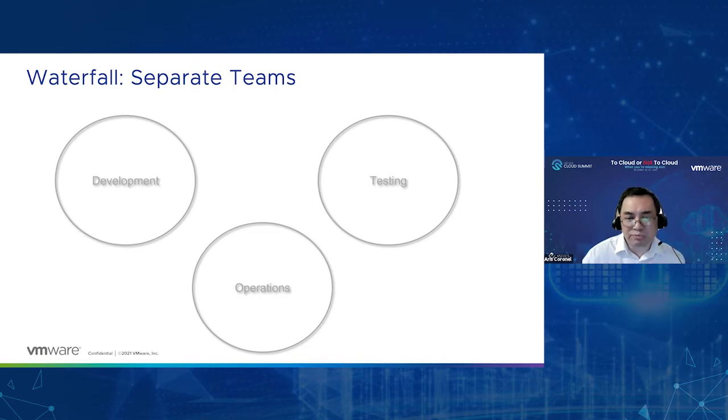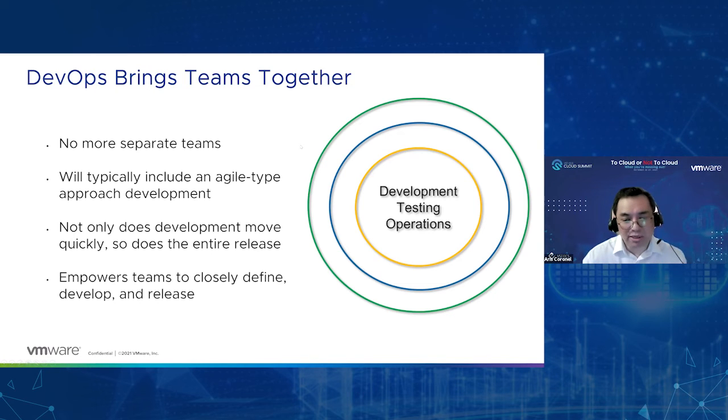Now, DevOps, on the other hand, brings teams together. No more development team, no more testing team, no more operations team. Isa na lang yung grupo. Same group, one team has the responsibility for developing the application, testing the application, releasing the application, and keeping it running.